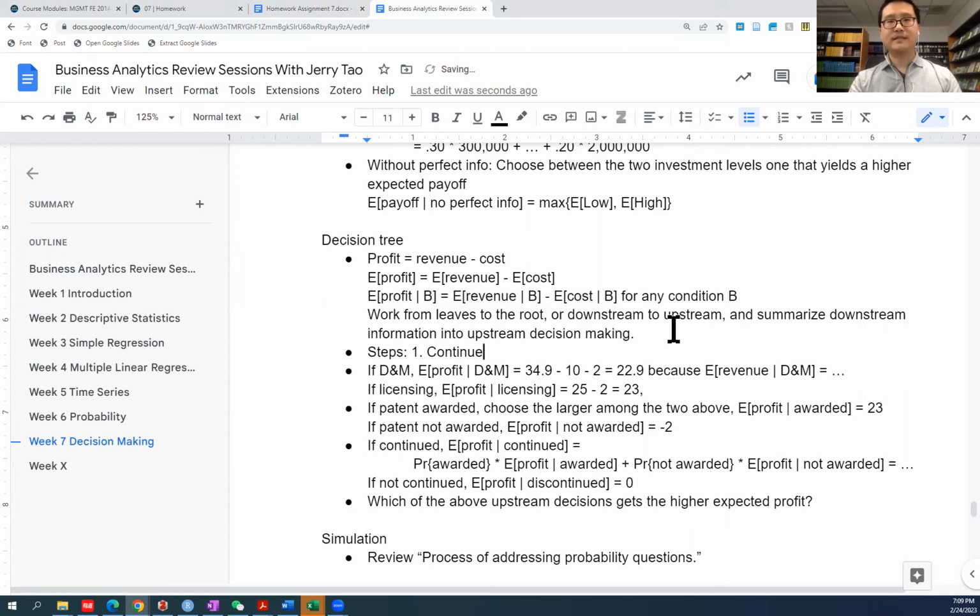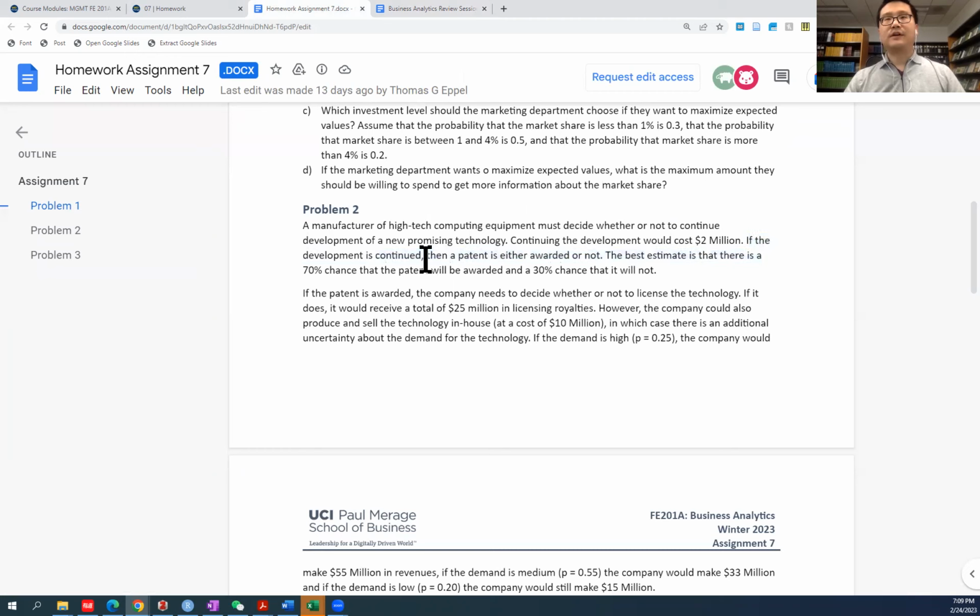If we continue, then that goes to the second step. If we continue, then we have a cost, which is 2. Then there's a patent involved: 70% getting the patent or 30% not getting the patent.